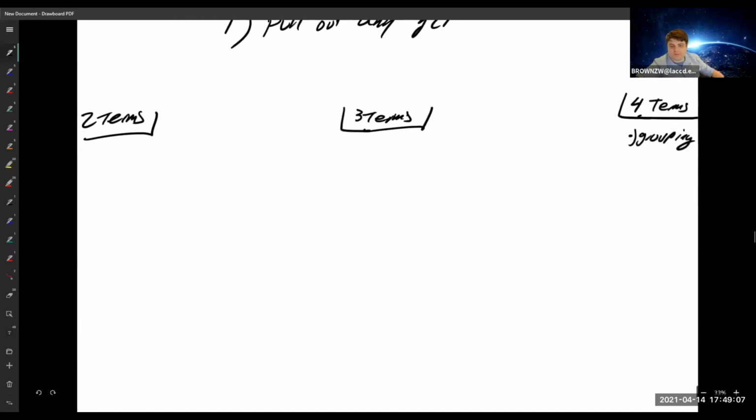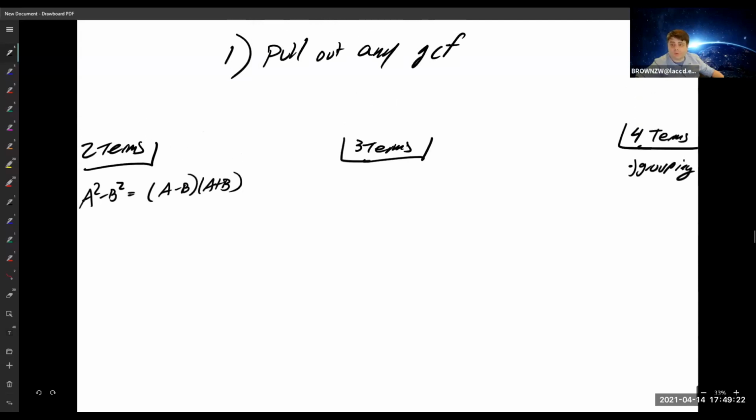If you've got 2 terms, you're either going to have a difference of squares, so a squared minus b squared, which was our formula of a minus b, a plus b. Or you could have either a difference of cubes or a sum of cubes.